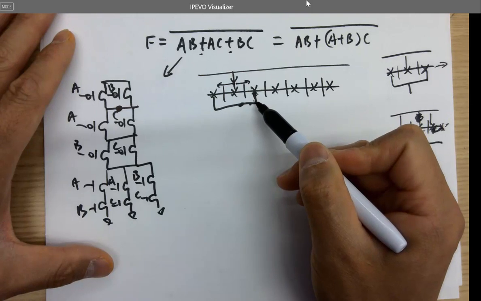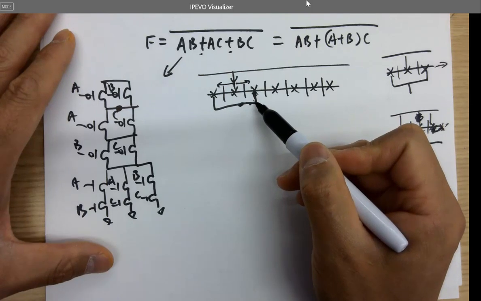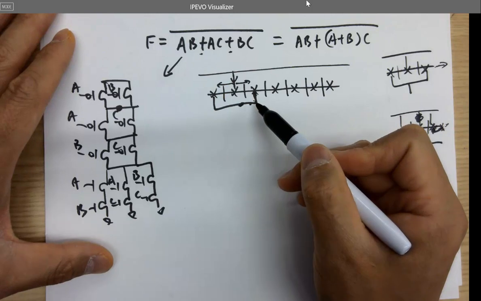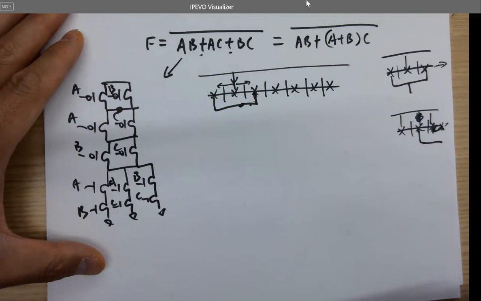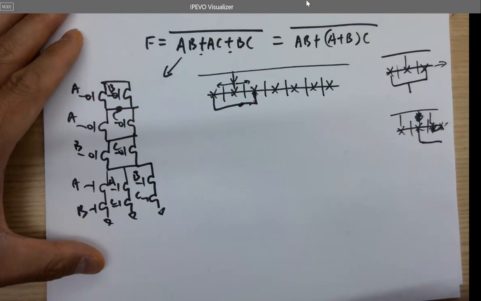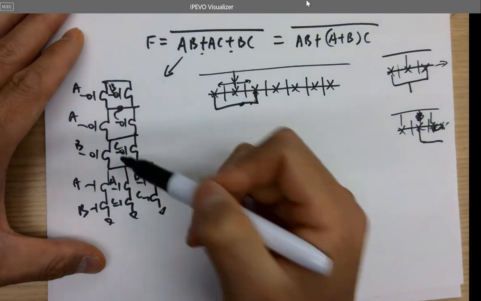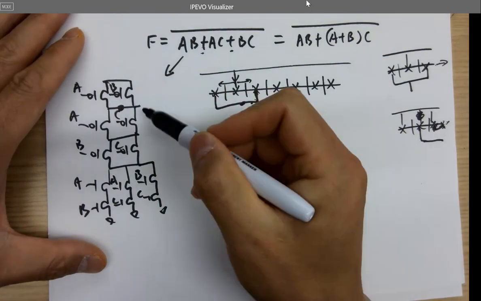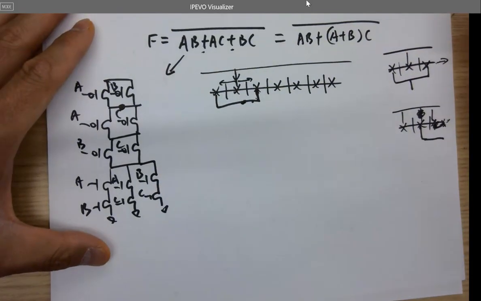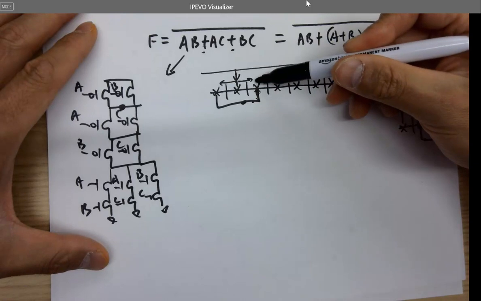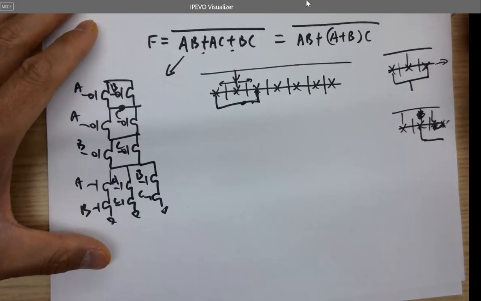What about next? Can we do it one more time? Is that still possible to have three parallel PMOSs in series? So we have the output here. Can we still do it?